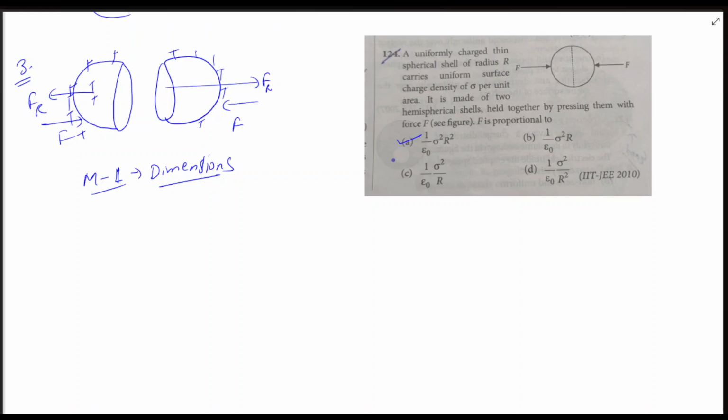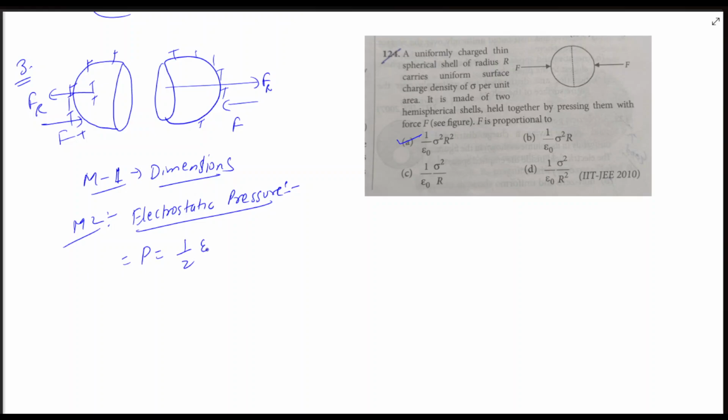Now to solve it by the other method, method two, we can consider the situation like we have studied about electrostatic pressure. That's a pretty rough way to solve this question. We have studied about the pressure or energy per unit volume.